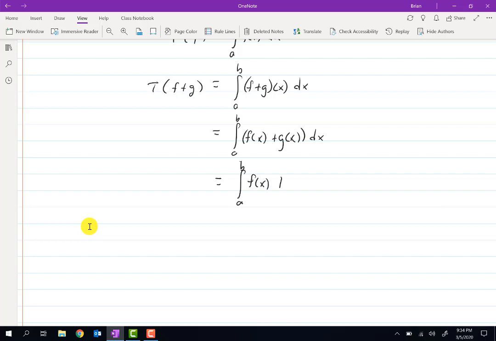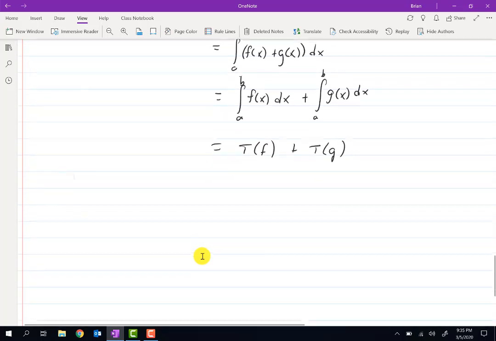You may have remembered when you were taking calculus, they referred to linearity properties of the integral. Well, they were talking about this. And of course, this first integral here, that's equal to T of f. And the second integral is equal to T of g.